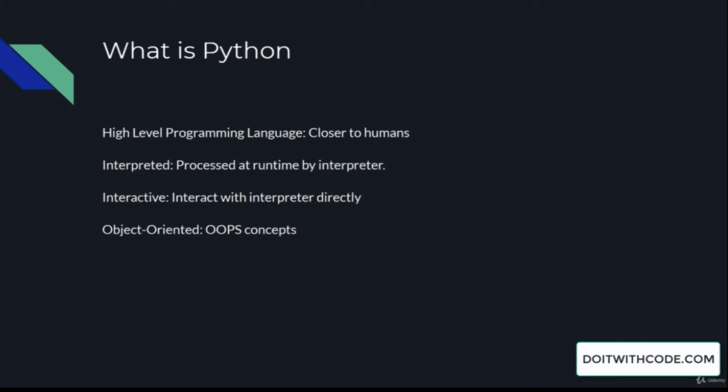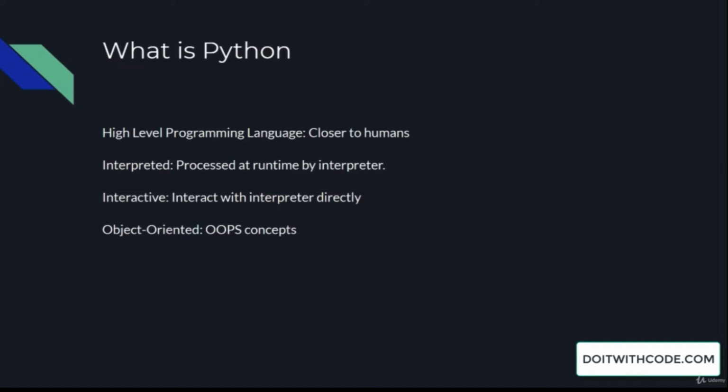For example, I can declare an integer in Python as int x equal to 0, that we will see in a few moments, and that is converted to machine-level code of zeros and ones, so that my processor can understand what this set of instructions is.